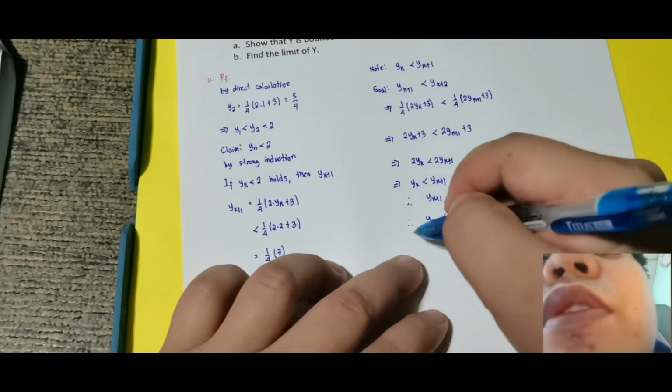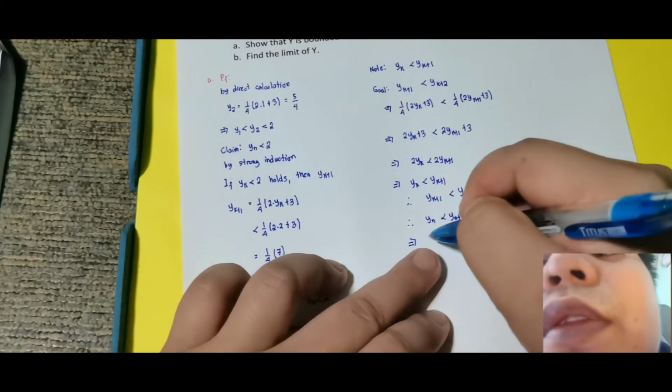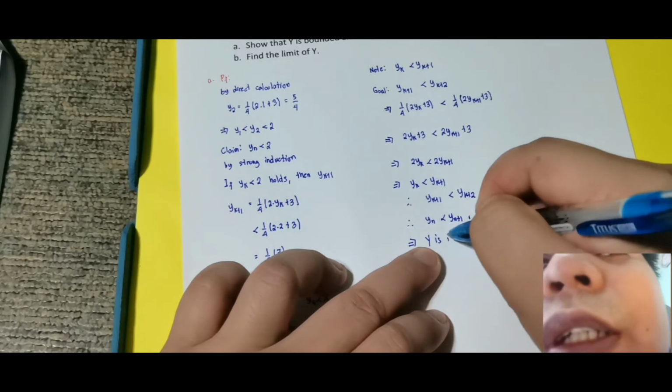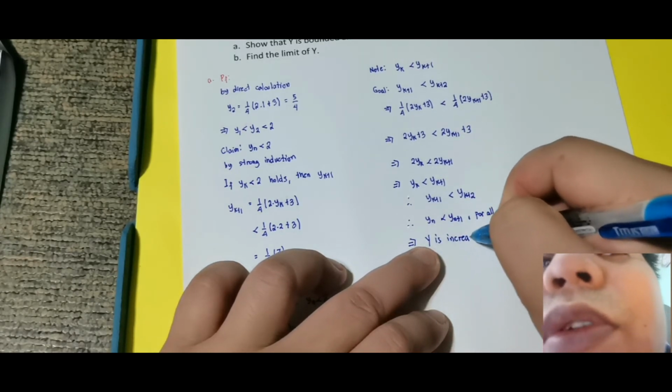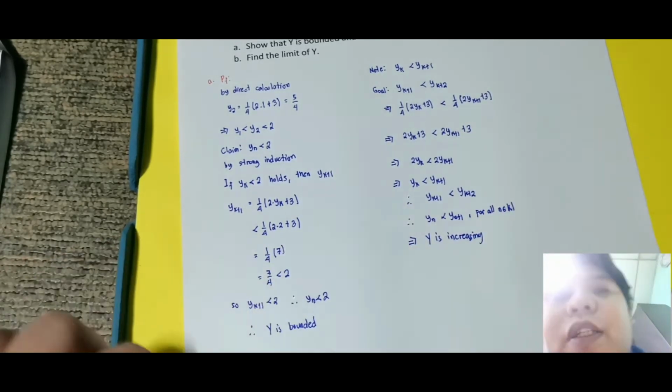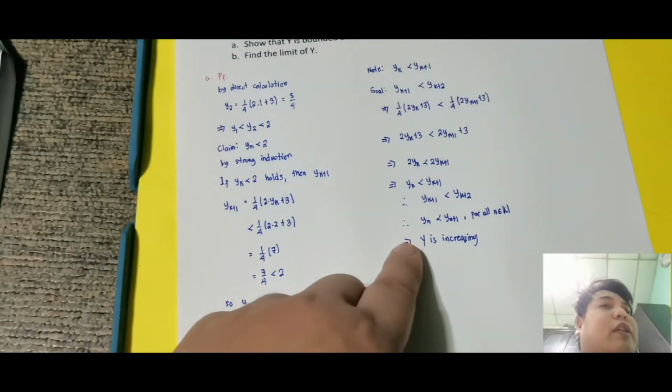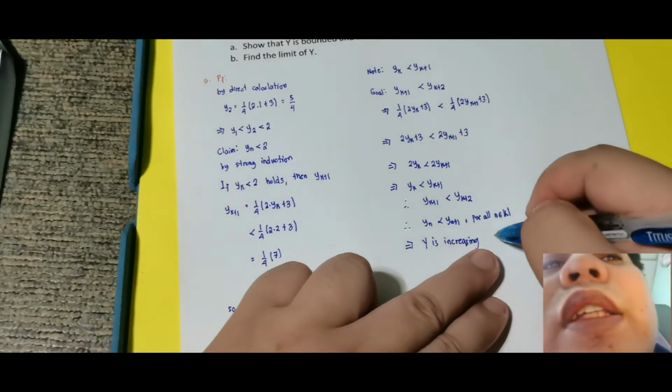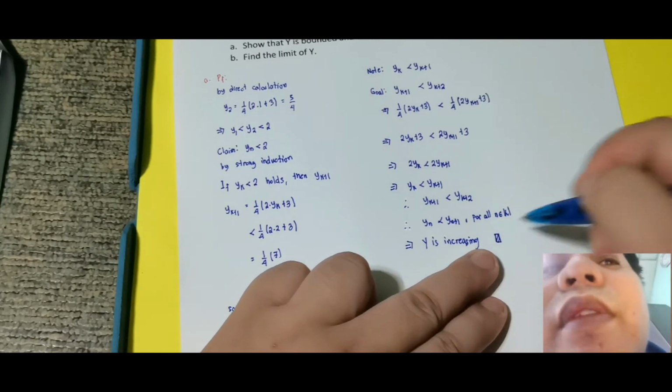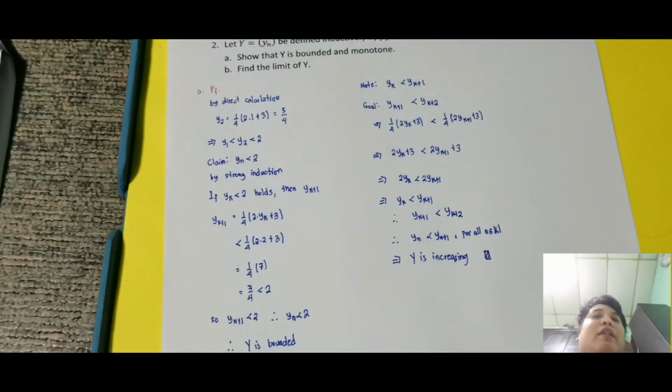This is true. So, this implies that y is increasing or a monotone. Okay? Y is bounded, y is increasing. So, therefore, nakuha natin yung ating goal. So, therefore, this is done. So, ganyan siya i-prove. Ganyan siya medyo kahaba.